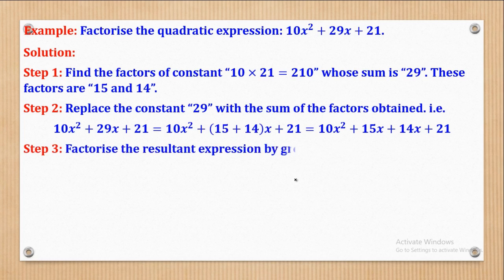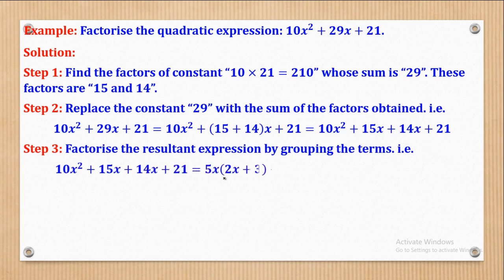Now next is to factorize by grouping. Grouping means we pair two terms. So we shall pair this alone and also this alone. If you look at the first 2, the common factor is 5x. When I pull out 5x, here I'll remain with 2x, because 10x squared divided by 5x will come up with 2x.